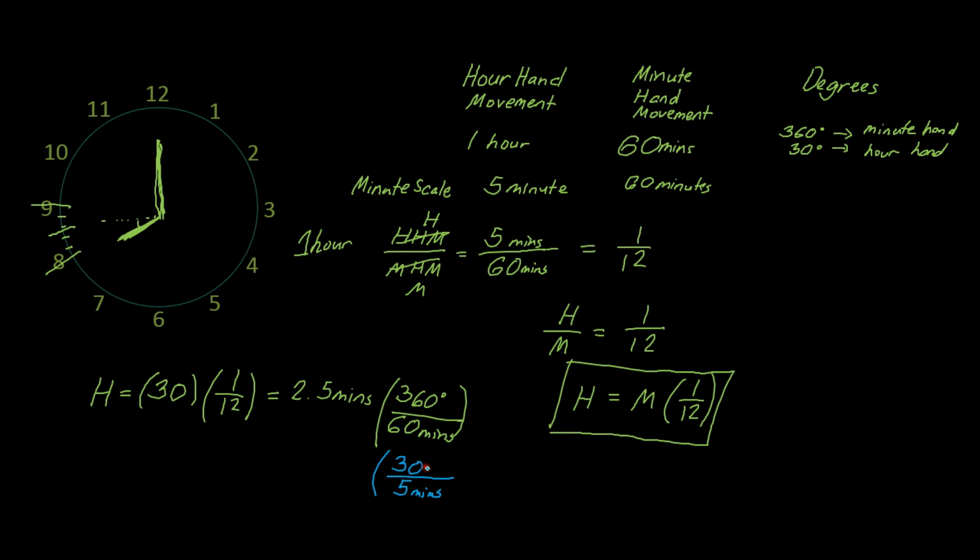After 1 hour, the hour hand has moved 30 degrees. Alright, so here 2.5 times 360 divided by 60. The unit minutes will cancel. We have minutes in the numerator and also in the denominator. We'll get 15 degrees. So the degree stays here. And we also use this factor based on the hour hand. It's the same.